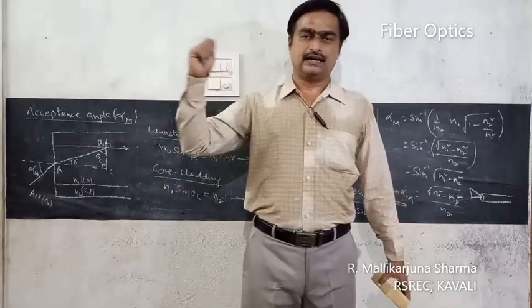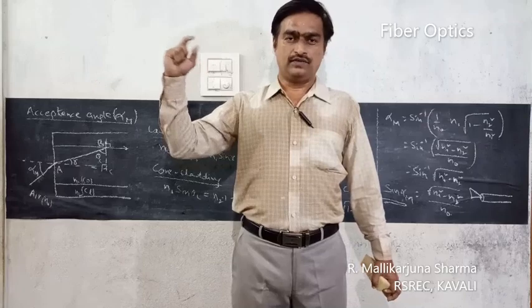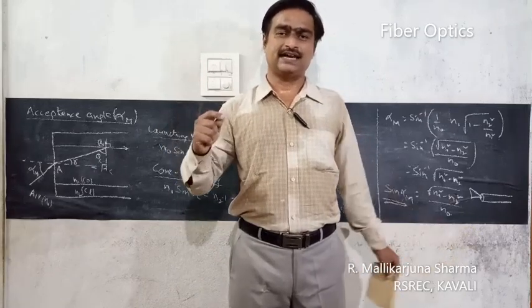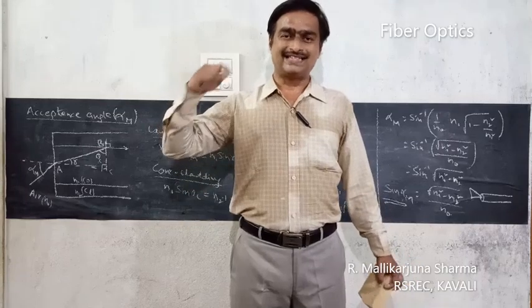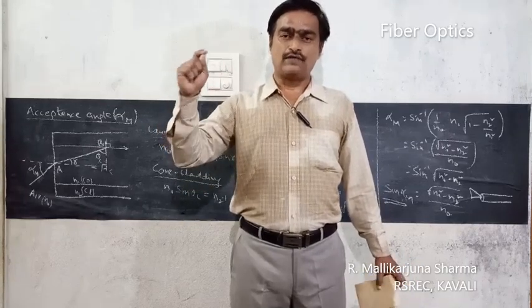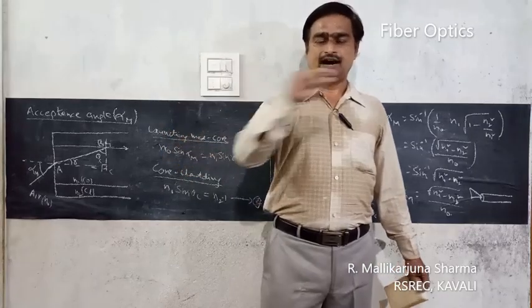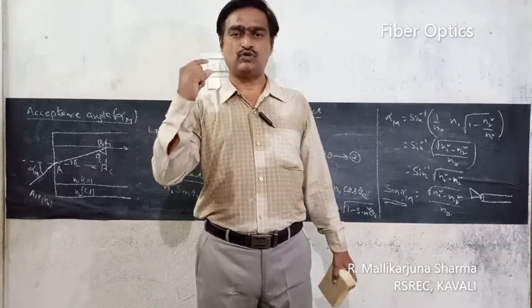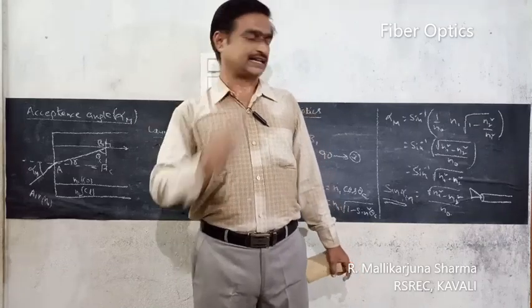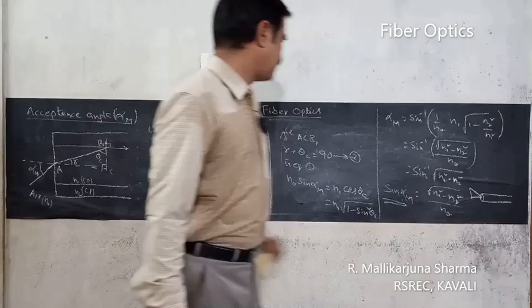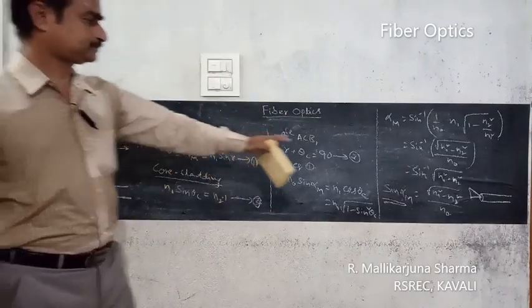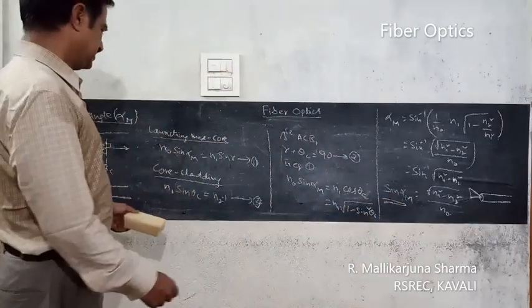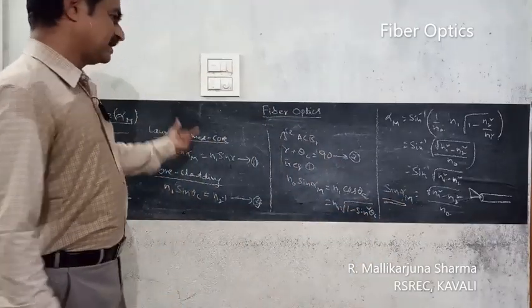Aperture means a hole which allows light. That amount of light is passed by the optical fiber from one side to another, so sin alpha m is called the numerical aperture. There is no problem in deriving this.